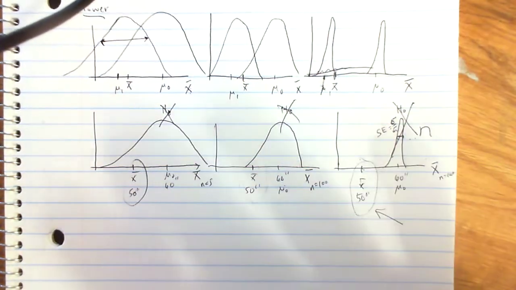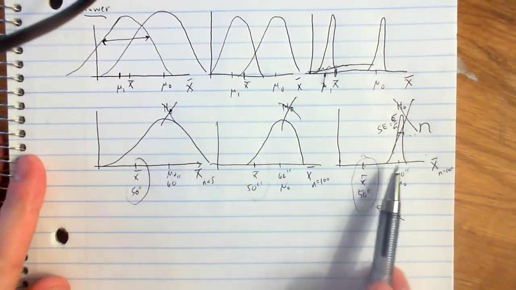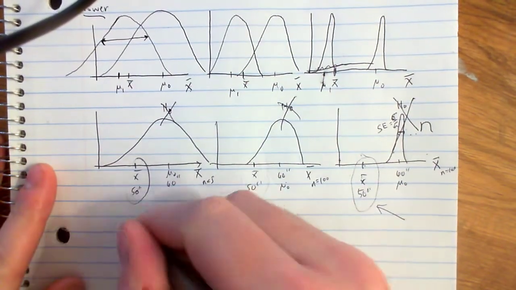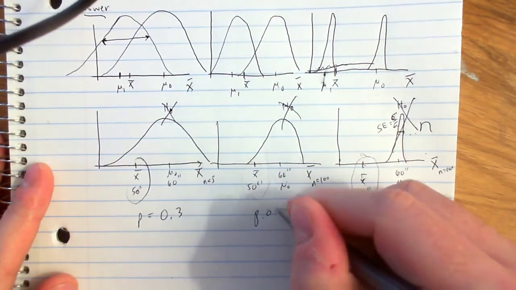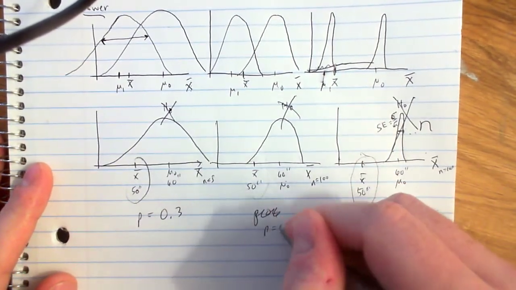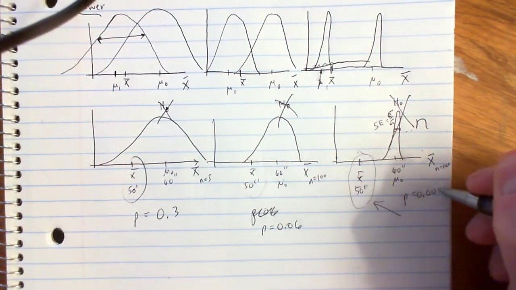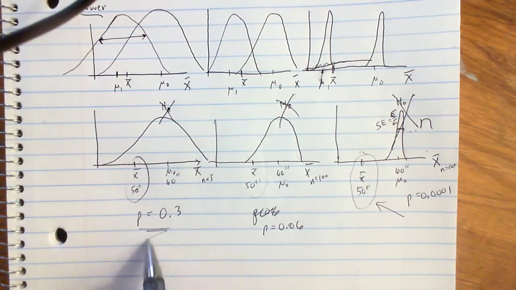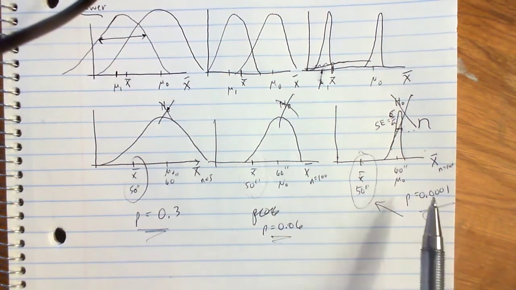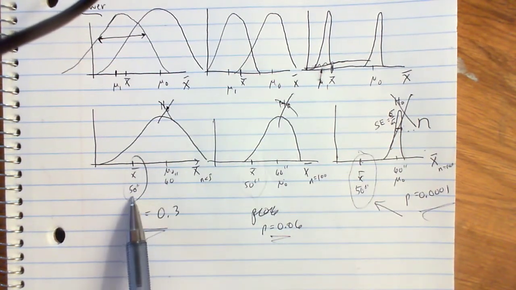Okay, so again, the p-value here might be 0.3, the p-value here might be 0.06, and we don't reject here, the p-value might be 0.0001, and we do reject the null. These are not really the true probabilities. This is just what the null thinks the probability would be of getting 50 inches.